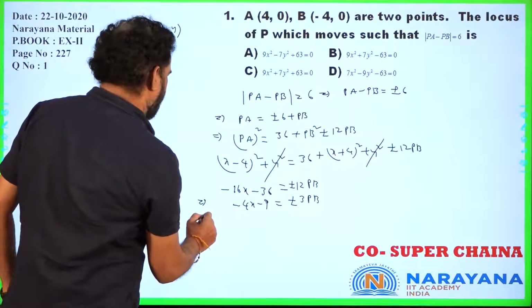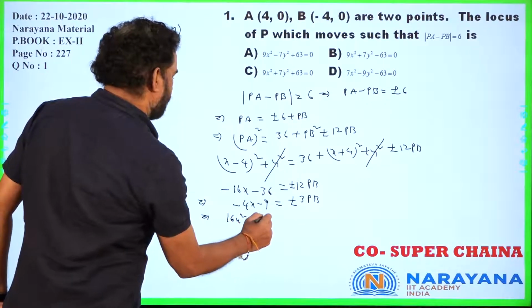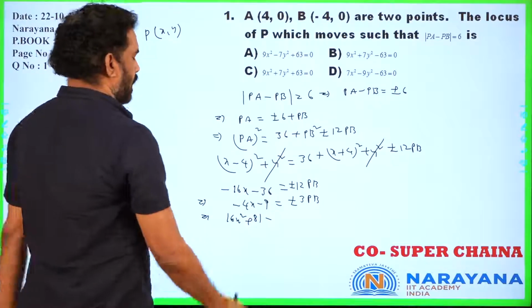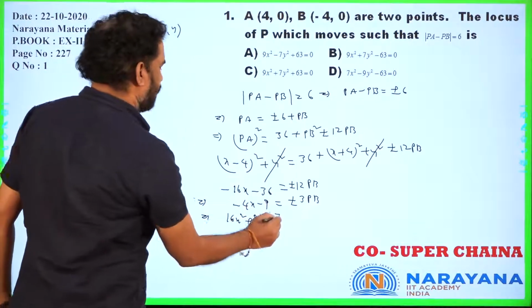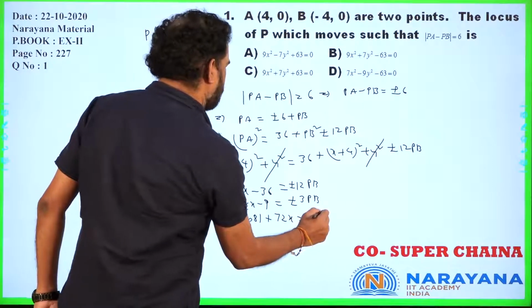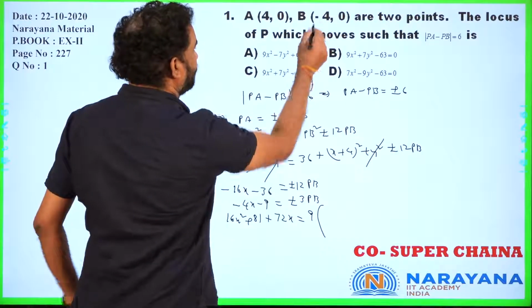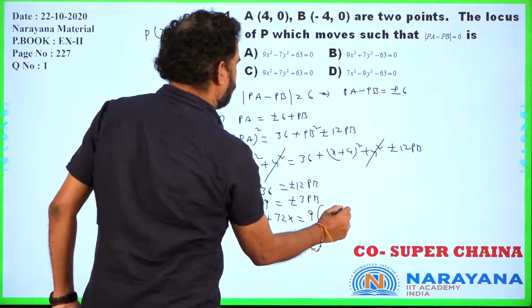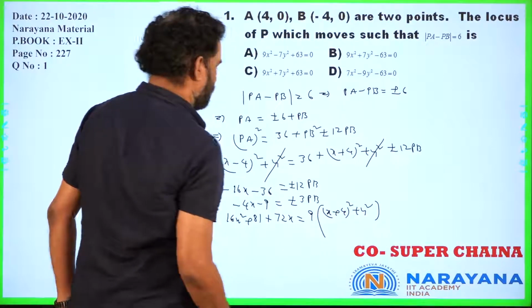So then what would you get? 16x square plus 81 plus 72x is equal to 9 into PB square. What is PB square? (x plus 4) whole square plus y square.